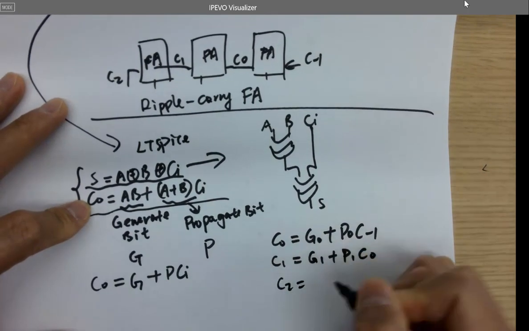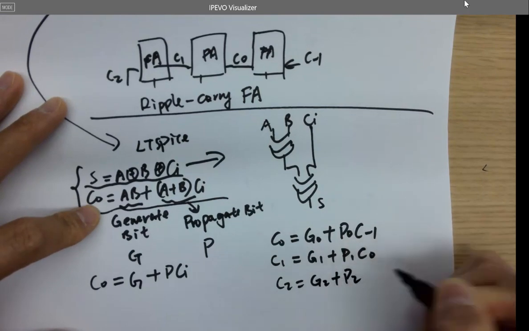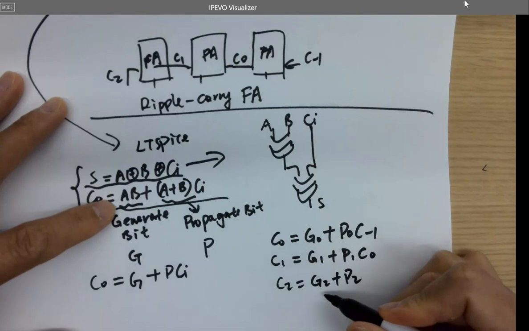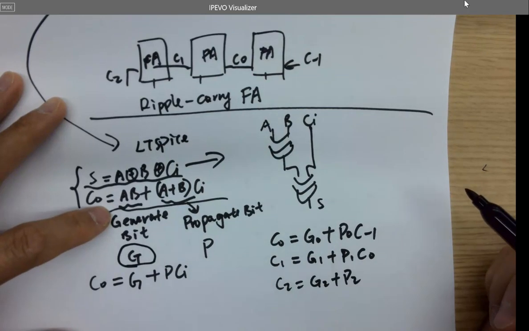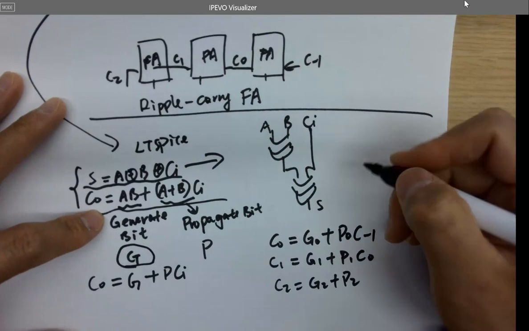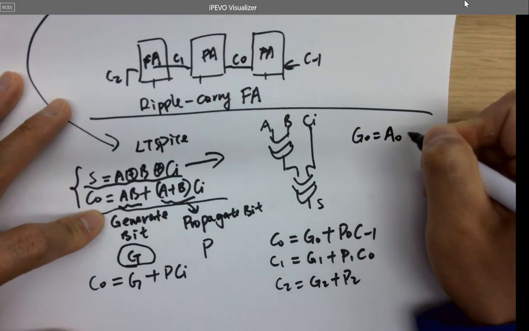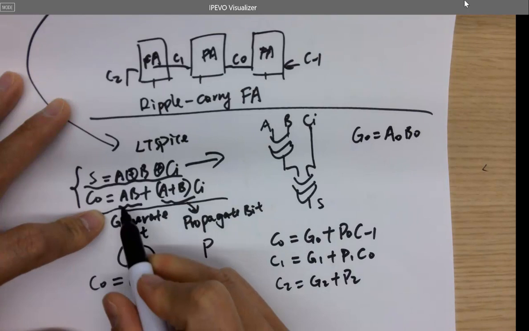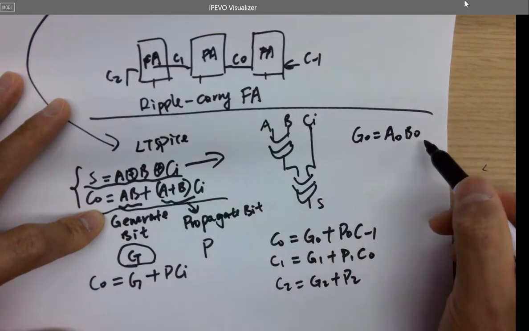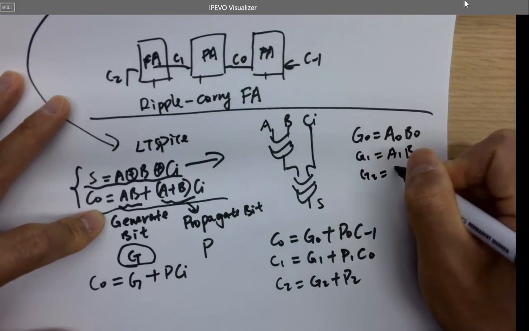So C2 becomes what? G2 or P2 and C1. What is G2? Let me show you what G0 is. G0 is simply A0 and B0, because G is A and B in general. So G1 is A1, B1, and G2 is A2, B2.